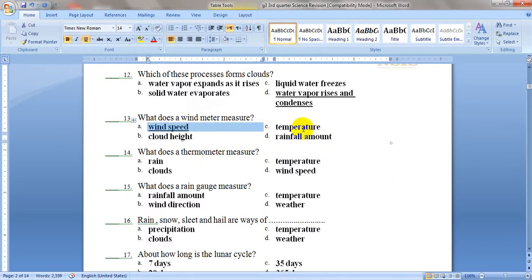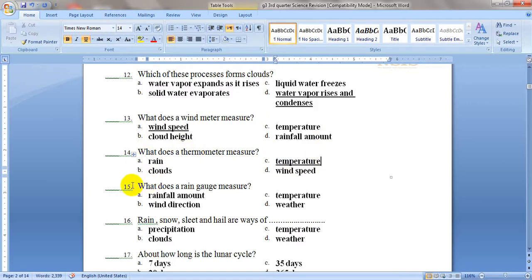Because we said temperature is measured by a thermometer, while rainfall amount is measured with a rain gauge. Question number 14. What does a thermometer measure? We have just said that a thermometer is used to measure temperature, which means how hot or cold something is.